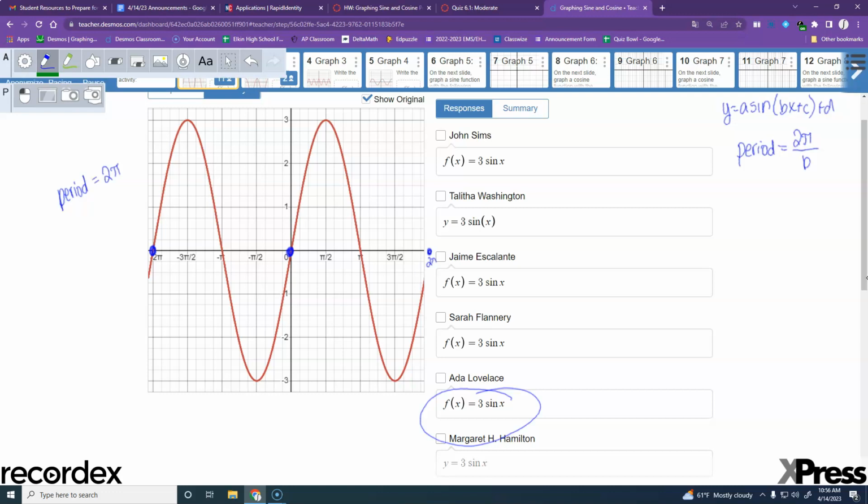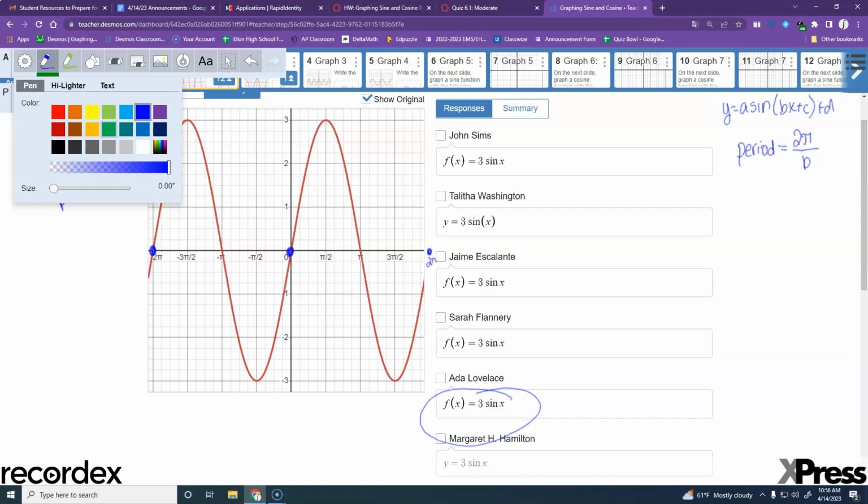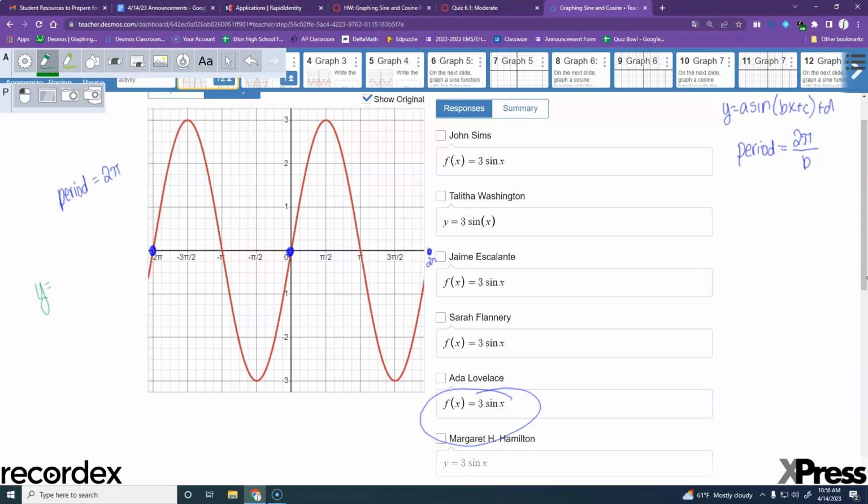Now, it is possible. I'm going to show you another one that you could put just for fun right here. So, cosine graphs, if I had, let me use a different color, if I had y equals 3 cosine of x, it would look almost like this, but instead of having the y-intercept at the midline, it had the y-intercept at the maximum point.